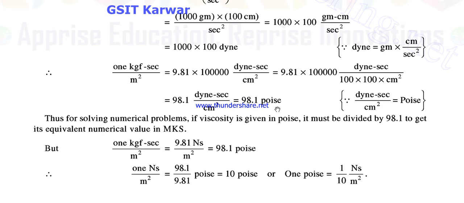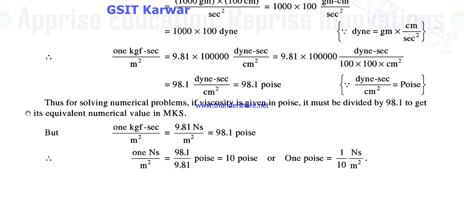Dyne second per centimeter square is equal to poise. This is also a new word for noting the viscosity unit.